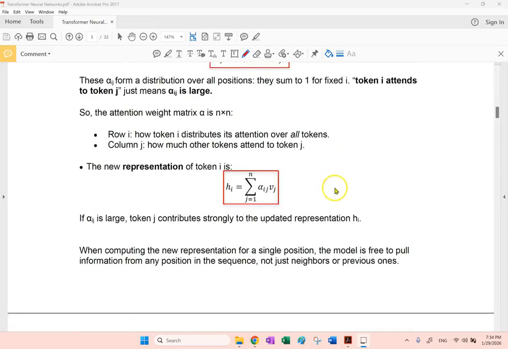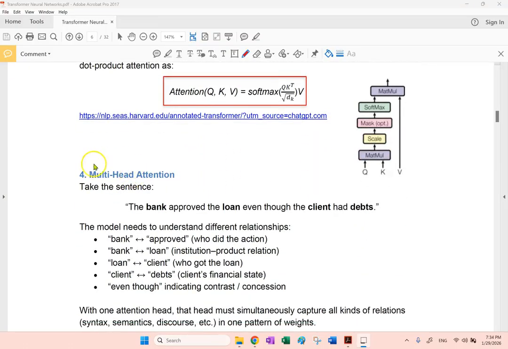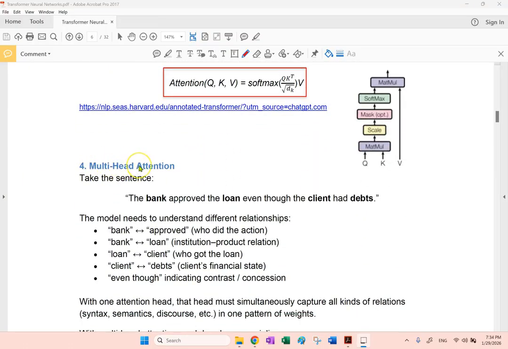And basically, one thing that we stopped right at the end of last video was you don't have one single attention or attention head. You have several of them in a transformer.